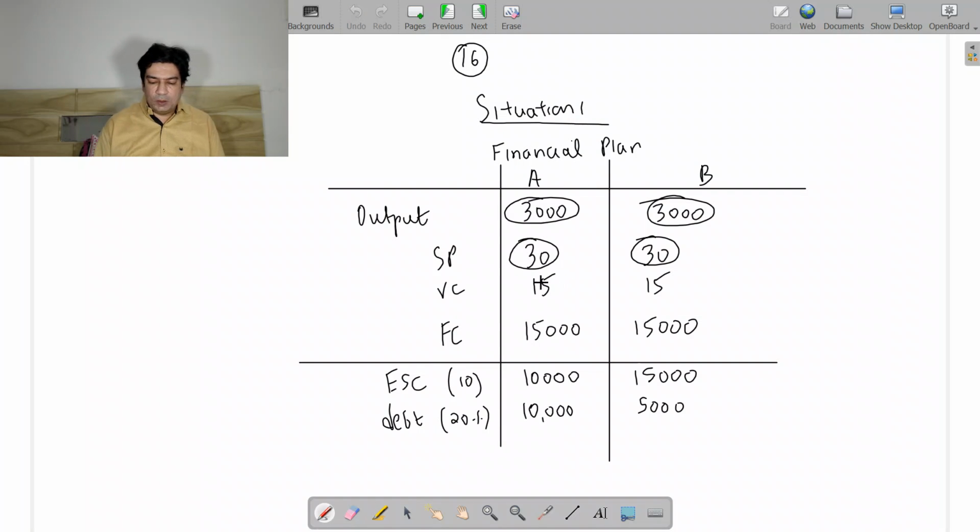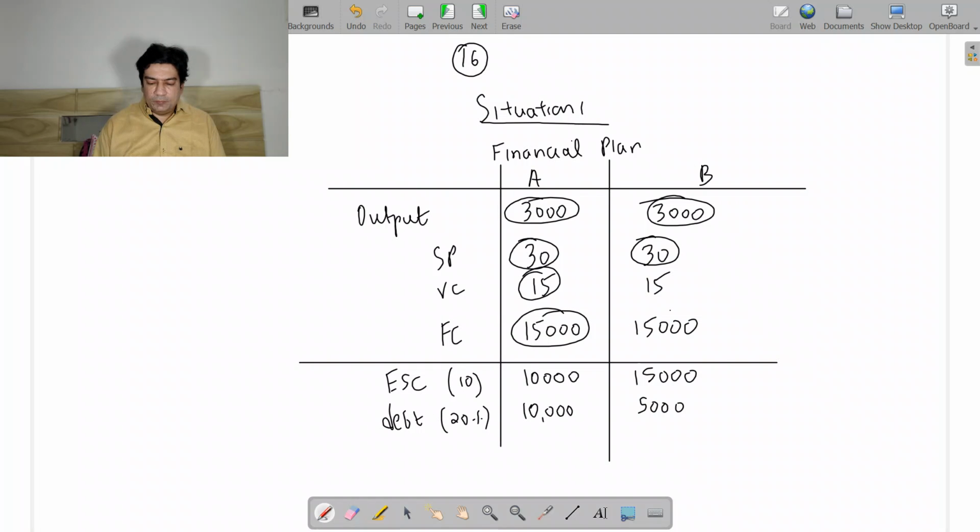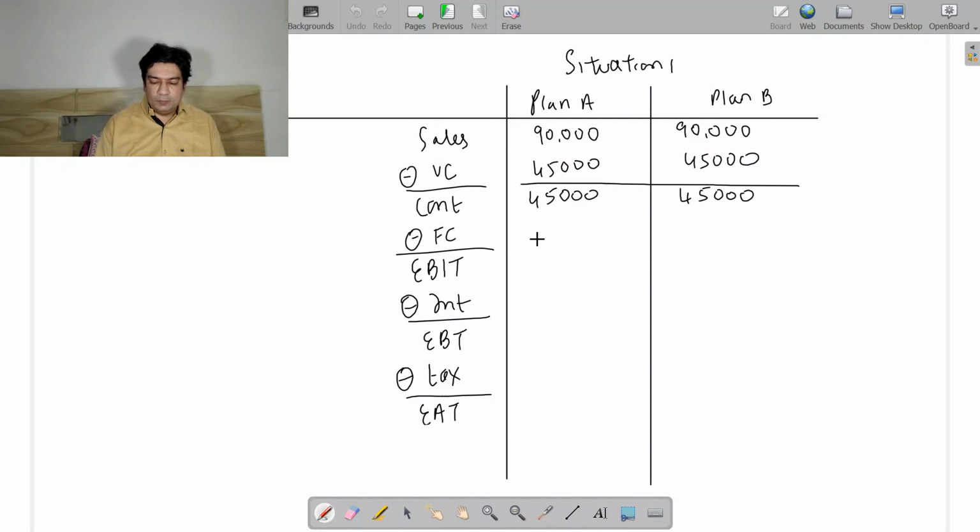Then variable cost 15 multiplied by 3000 units, so 45,000, and this is also 45,000. Then the fixed cost is 15,000 in both.